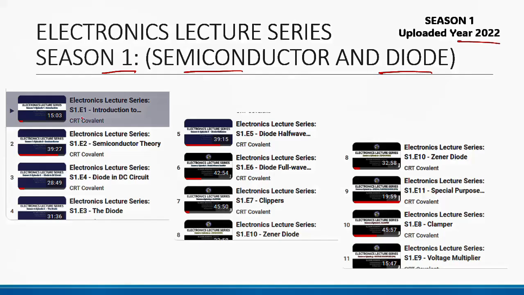Episode 1 is about introduction, Episode 2, semiconductor theory, Episode 3, the diode, Episode 4, diode in DC circuit, Episode 5, half-wave rectifier, Episode 6, full-wave rectifier, Episode 7, clippers, Episode 8, clamper, Episode 9, voltage multiplier, Episode 10, Zener diode, and Episode 11, special purpose diode.